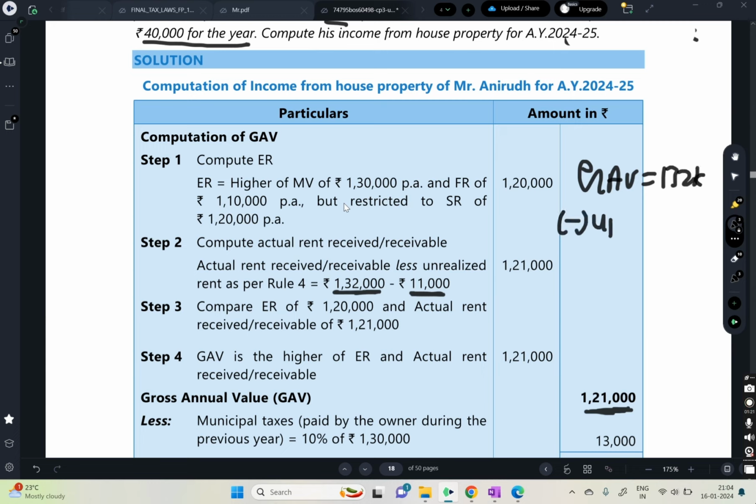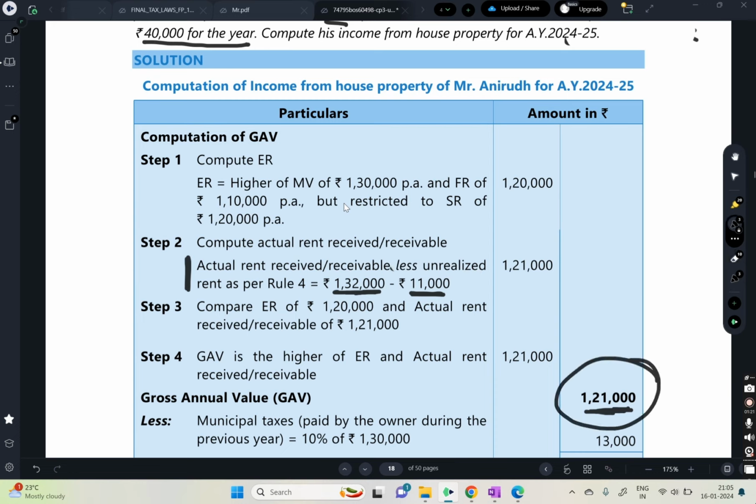From here you deduct the unrealized rent, which is 11,000. So 1,32,000 minus 11,000 will be 1,21,000 only. In any way you can do it, but this way is better. So while you are doing the actual rent, if there is unrealized rent, make sure that you deduct it. This is very important.